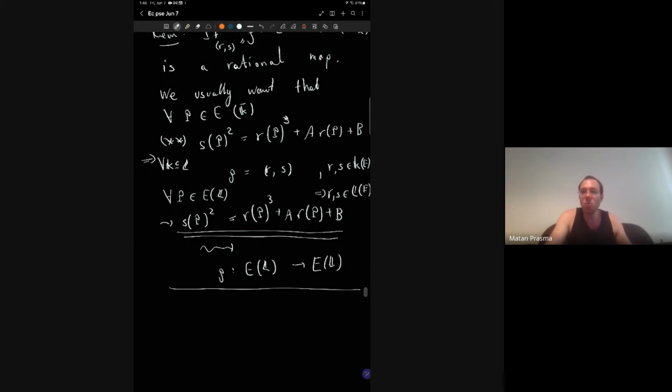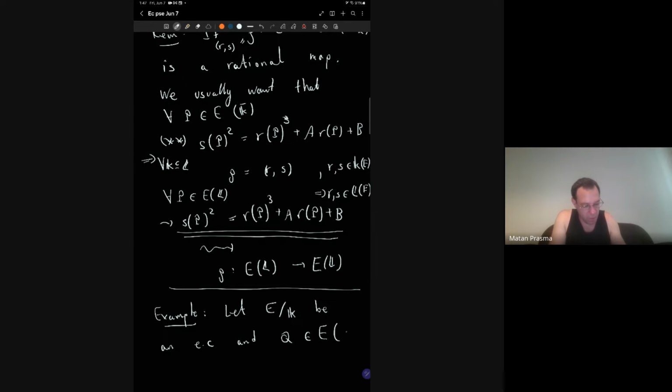And so, okay, so we have this example of a rational map. We have another more general example. Let E over K be an elliptic curve, and let's say Q is a point in E over K bar.